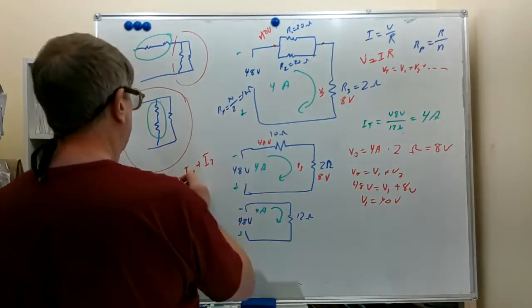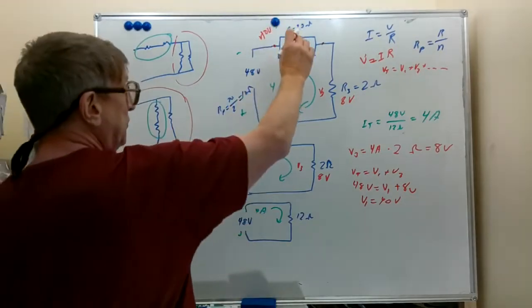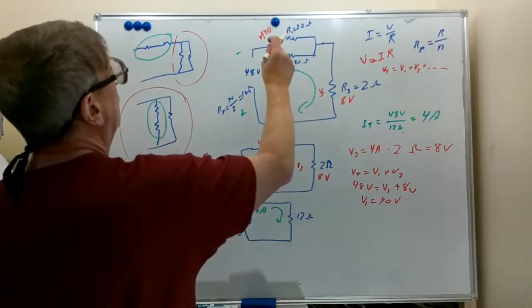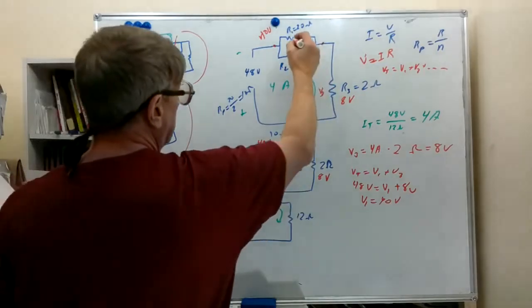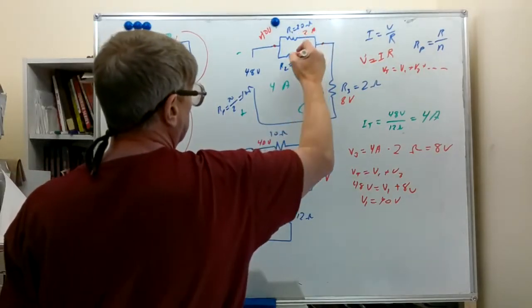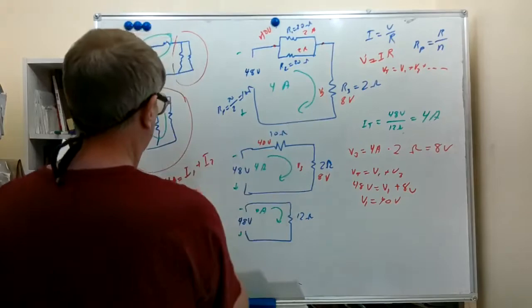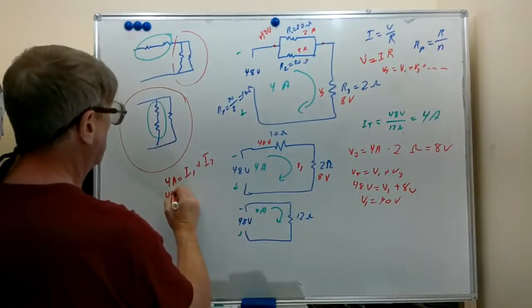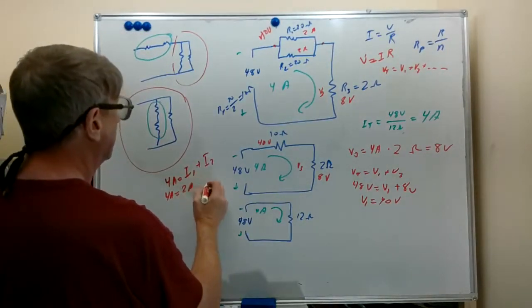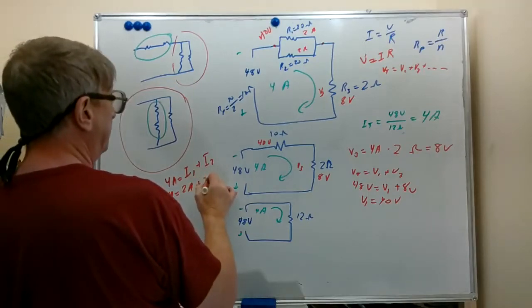But because they're equal resistance, they're going to be equal. So 4 divided by 2 is going to be 2 amps, and the 4 amps will equal 2 amps plus 2 amps.